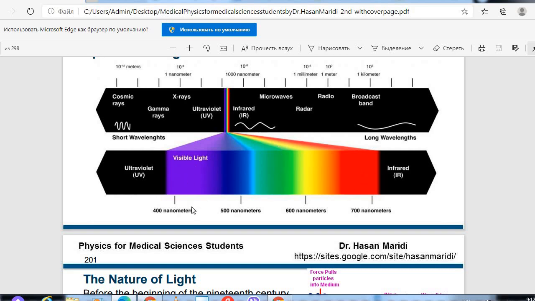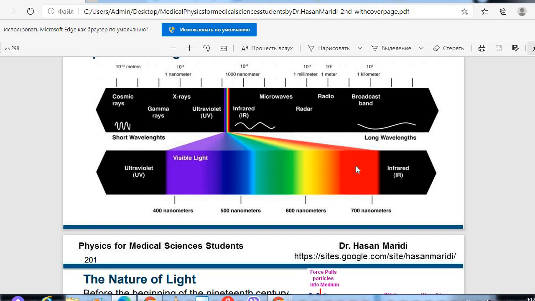Violet is nearly 400 nanometers, blue is 500 nanometers, yellow is 600 nanometers, and red is approximately 700 nanometers.